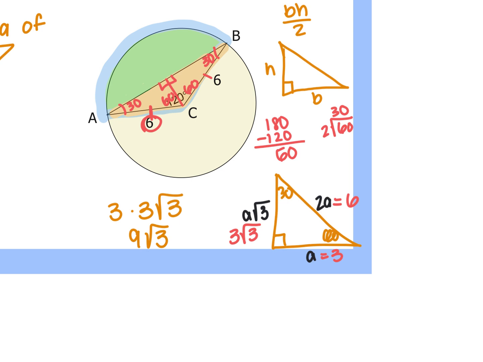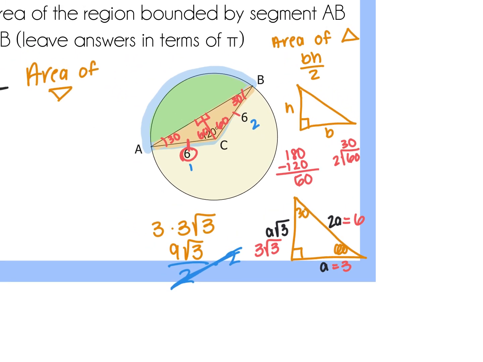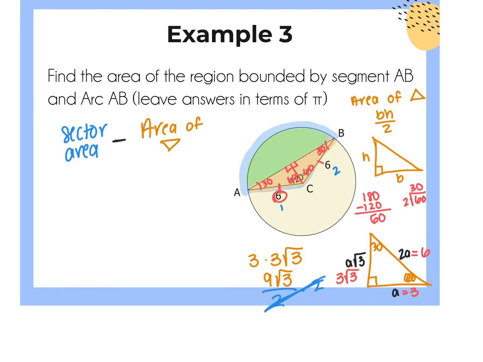Because I have two triangles, this triangle here and this triangle here. If I divide it by 2, then multiply it by 2, these are just going to cancel out. So my area for that triangle highlighted in orange is going to be 9 radical 3.